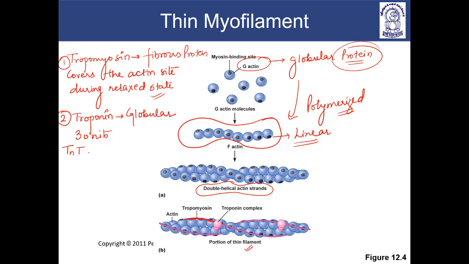TNT, also coded as TPT, is attached to tropomyosin. Another one is TNI, which is an inhibitor of actin, so it inhibits actin.